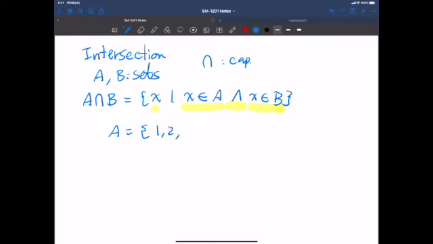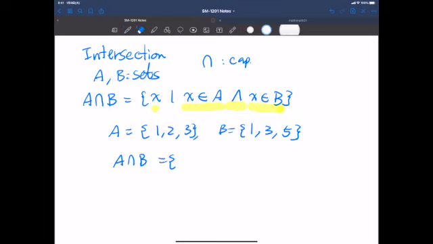A is 1, 2, 3, and B is 1, 3, 5. Then A cap B is all the elements that belong to both A and B. So that is 1 and 3. This is the intersection of A and B.